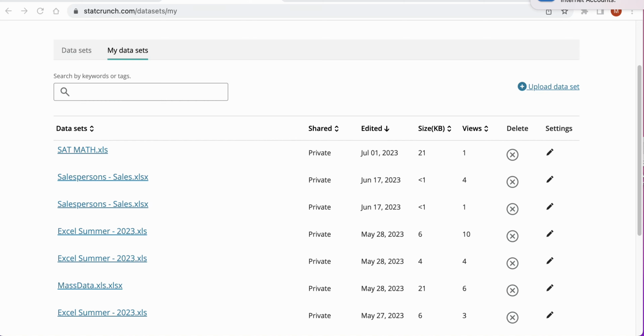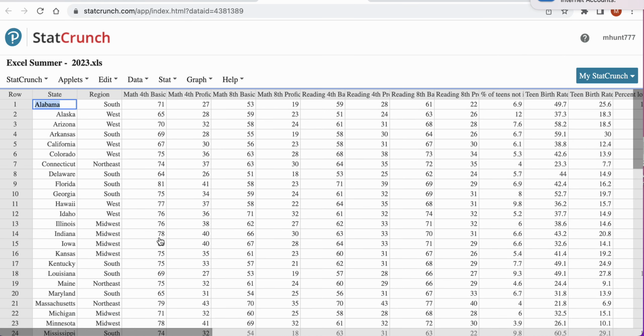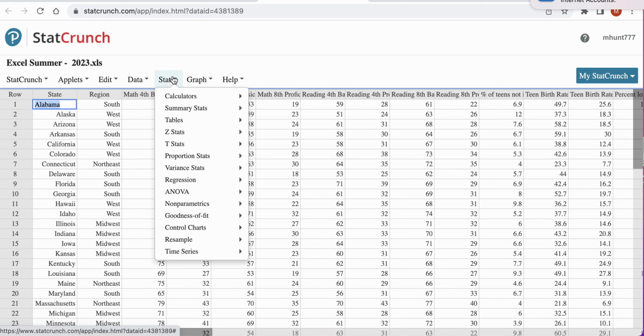In this video, I'm going to show you how to use StatCrunch to do simple linear regression. The file I'm going to use is Excel 2023. And what I'm going to do is we're going to go under Stat, and we are going to do regression, simple linear.